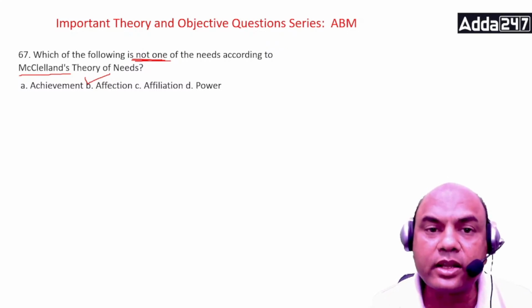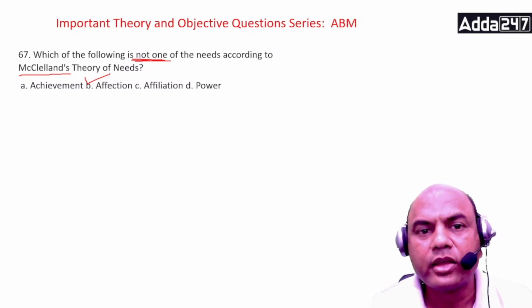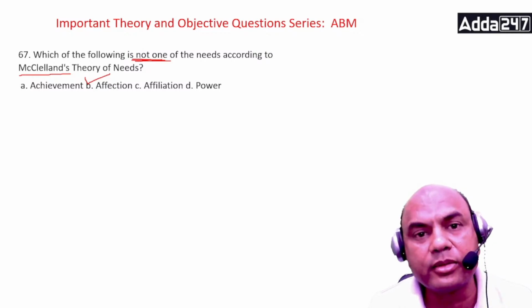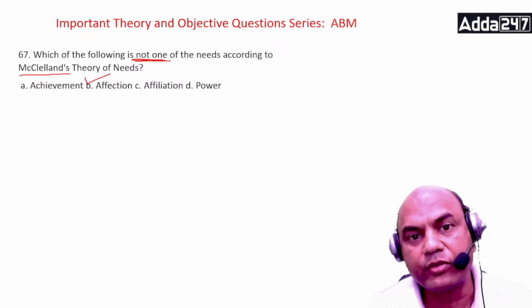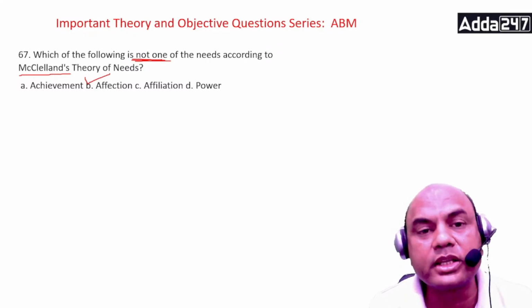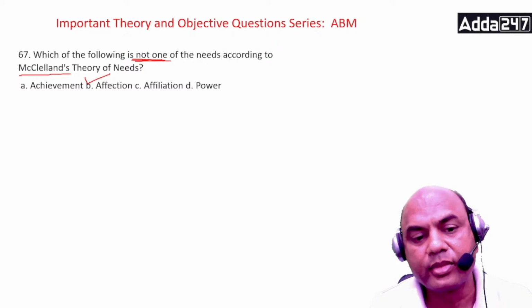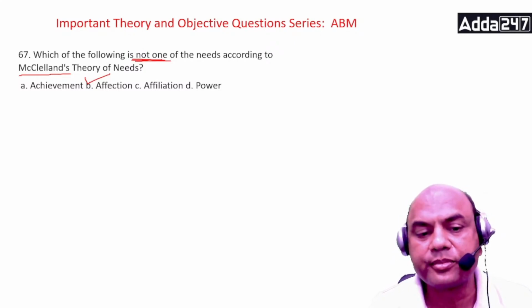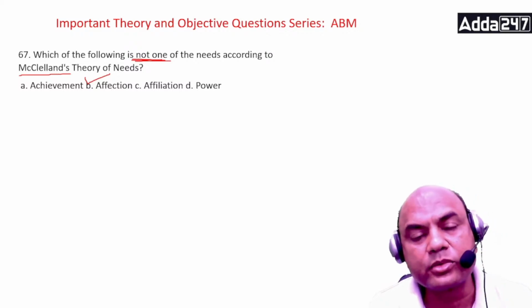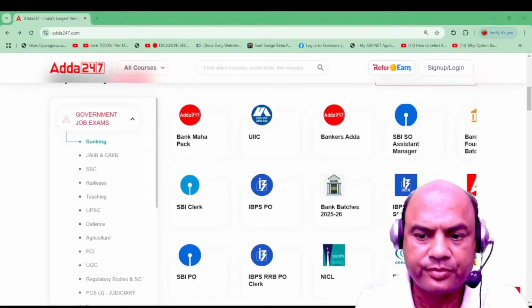Okay, these are the only three things in the world which work majorly for all human beings to run. These motivators are not inherent. Okay, we develop them through our culture and existence.